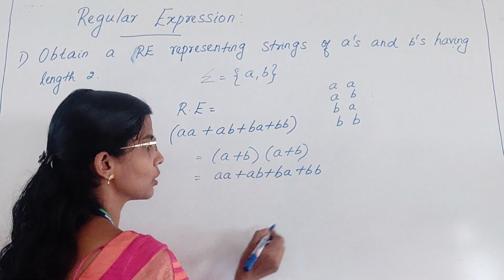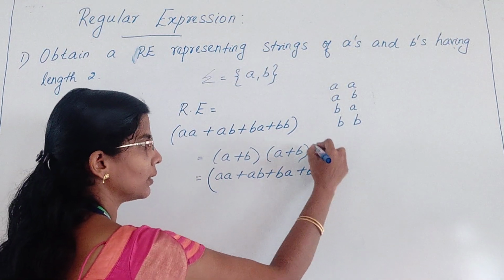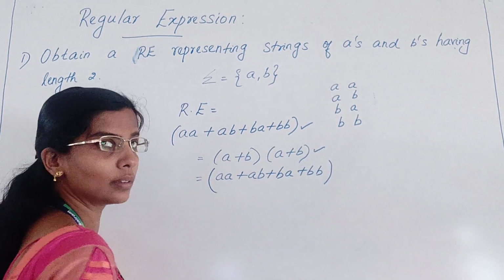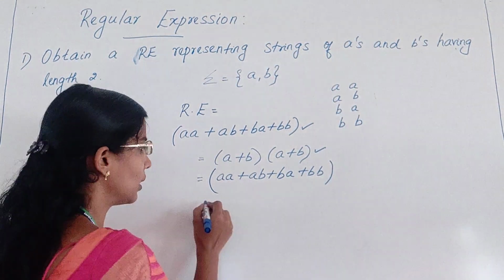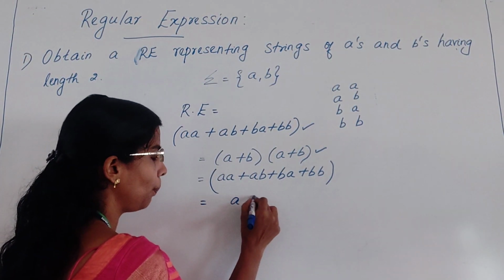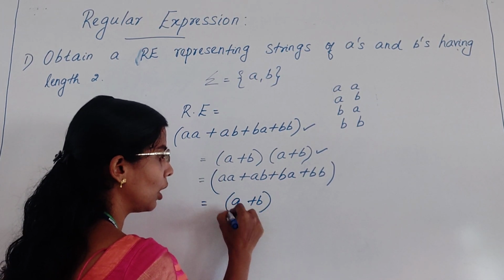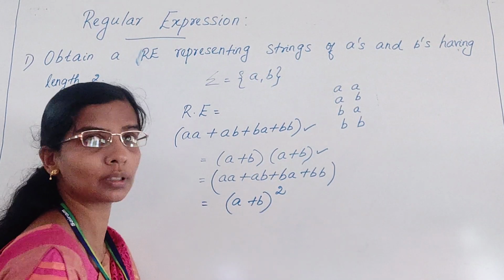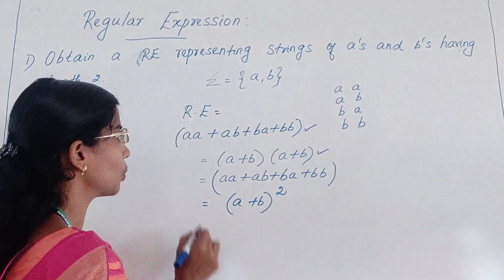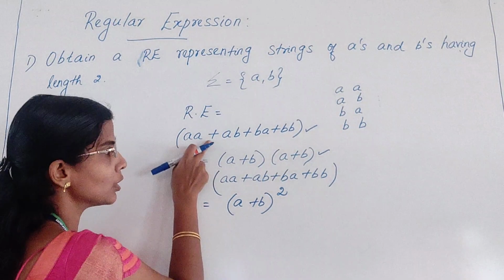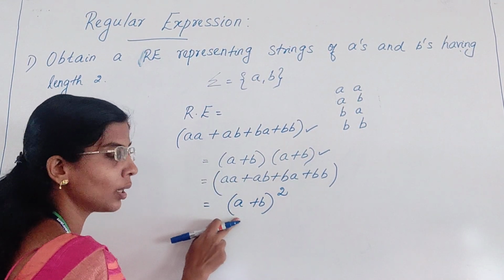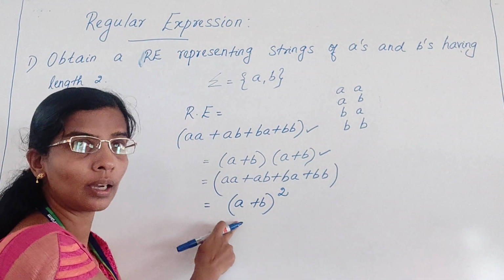You get the same answer. So either you can write like this or like this. Otherwise, you can write A plus B, 2 times. Your answer can be written in any of these three forms. All three are correct.